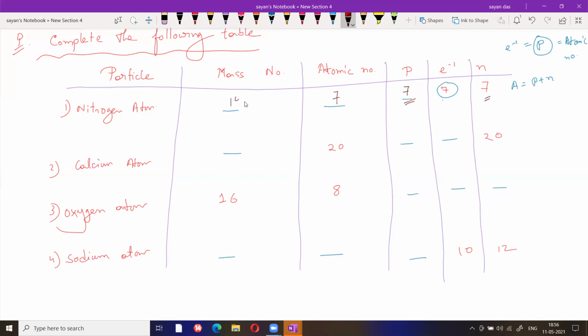Okay, any doubt regarding this part? Do you have any doubt regarding this part? Try to solve all the stuff quickly.